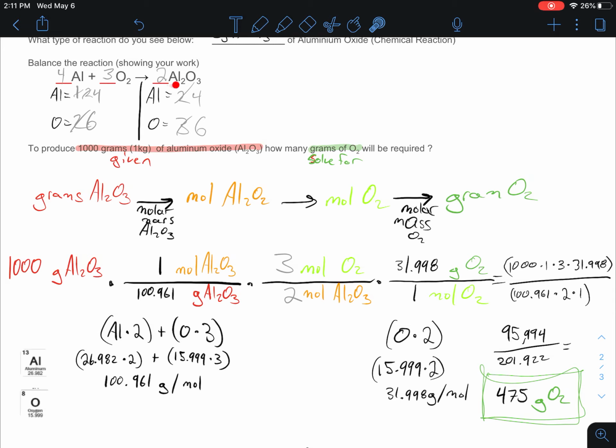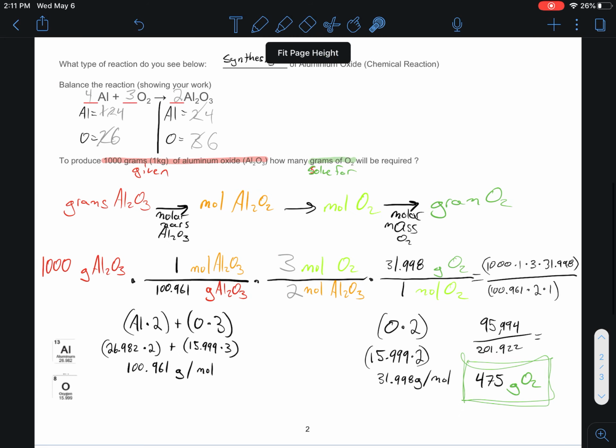That's good because I only have one product. And aluminum is quite a bit heavier than oxygen. So it makes sense that more of that 1,000 grams would come from aluminum than would come from oxygen. Even though I have 3 oxygens there.